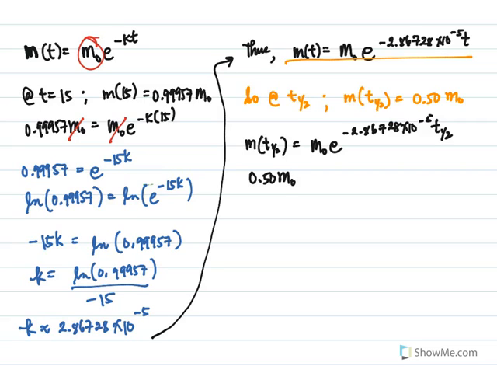So that's m of the half-life, is equal to m naught e to the negative 2.86728 times 10 to the negative 5 times the half-life, t sub 1 half.